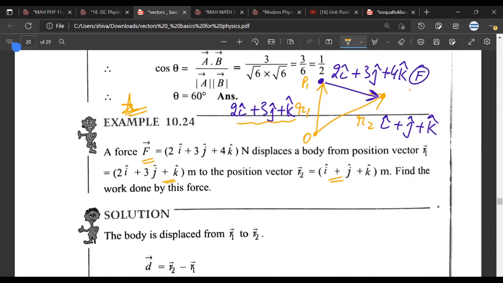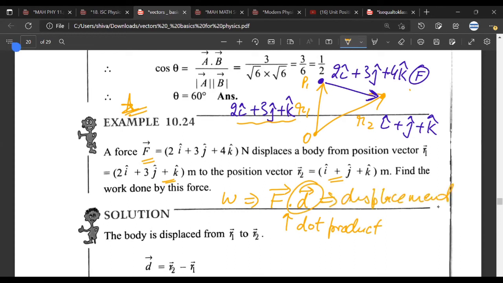First thing that I need to understand is what is the formula of work. Work is given by force dot displacement. Are we clear? This is a dot product. And D is the displacement vector.